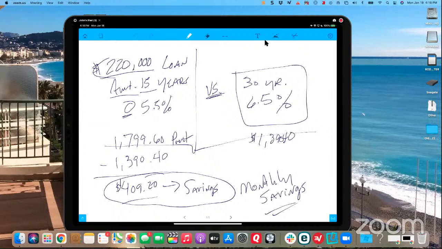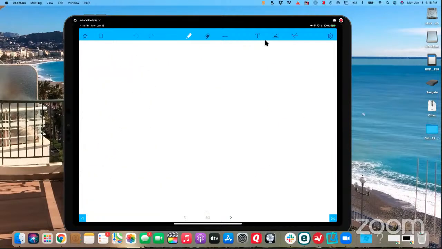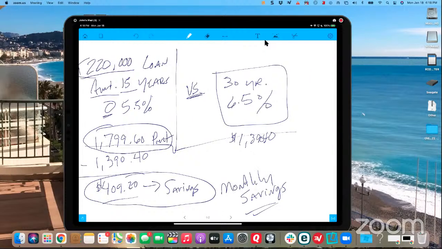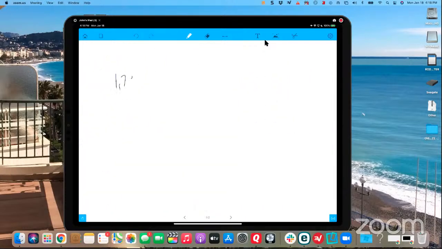Now, to figure out over the life of the loan, we first need to take this 15-year payment, 1,799.60, and multiply it times 180.